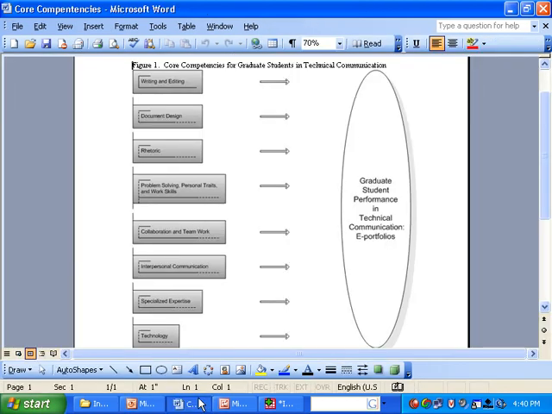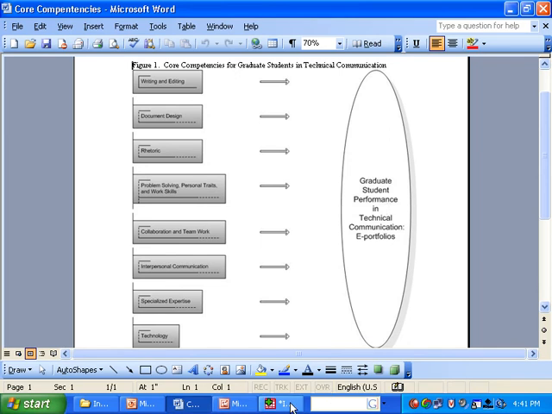In our particular case, we'll imagine that a set of graduate faculty has looked at a master's program in professional and technical communication and identified the independent variables of writing and editing, document design, rhetoric, problem solving, collaboration and teamwork, interpersonal communication, specialized expertise, and technology as measures related to graduate student performance in technical communication.